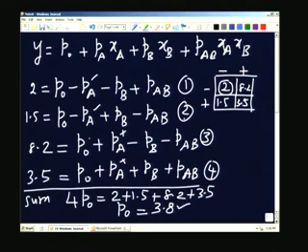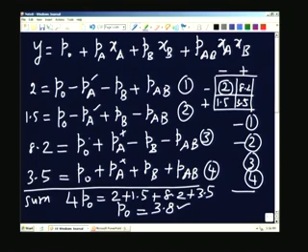So, by adding the 4 equations 1, 2, 3, 4, I was able to get the average. Now, you notice that if I want to find the value of P A, I have to make this plus. I have to make this plus, right. So, I will take minus of equation 1. So, minus 1, minus 2, 3, 4. What will happen if I do that?